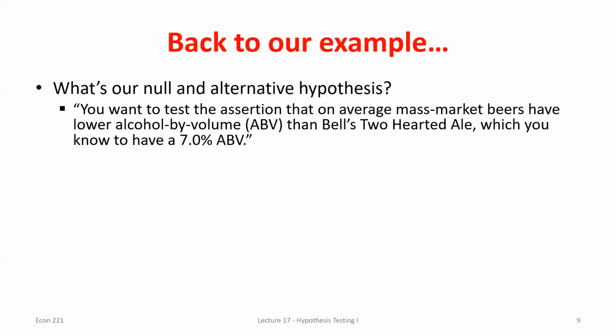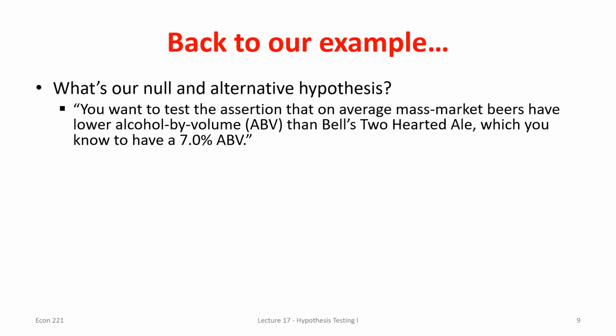So if we go back to that problem where I said we want to test for whether or not the average mass market beer has a lower ABV than 7%. Remember, the alternative hypothesis is what we want to test for, right? So what do I want to test for here? It's probably easier to always start out writing your alternative hypothesis.